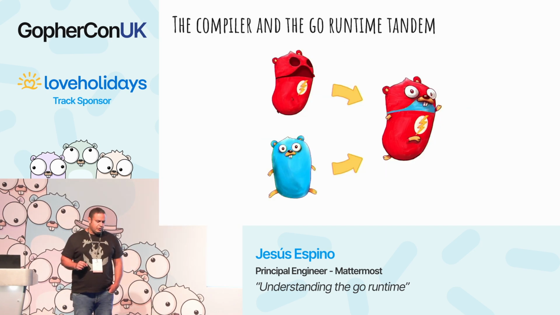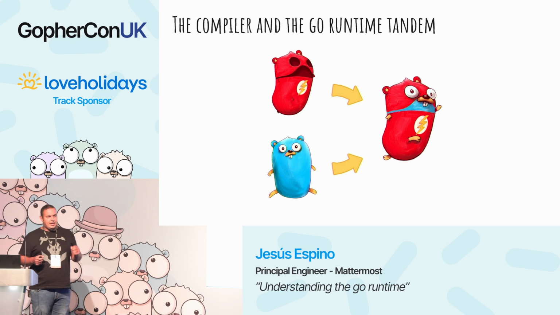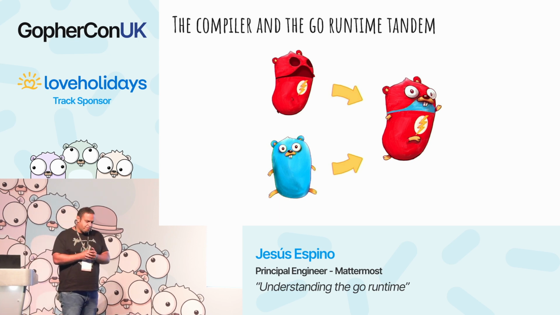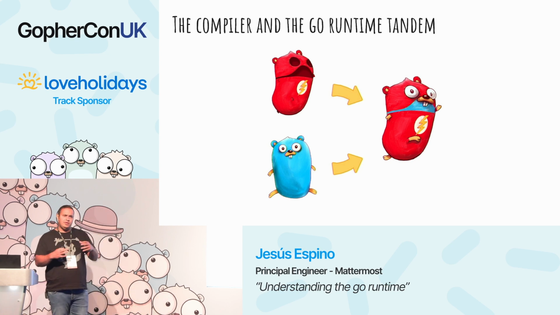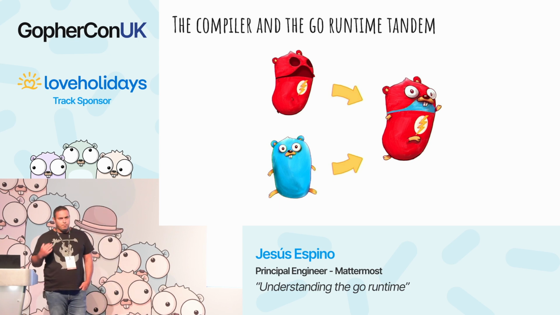I'm going to show you here that the runtime and the compiler work in tandem. What I mean with that is the compiler is going to take your code, compile that, take the runtime, compile that, and put everything together in a single binary. And it's going to take advantage of that because the compiler knows that the runtime is there.